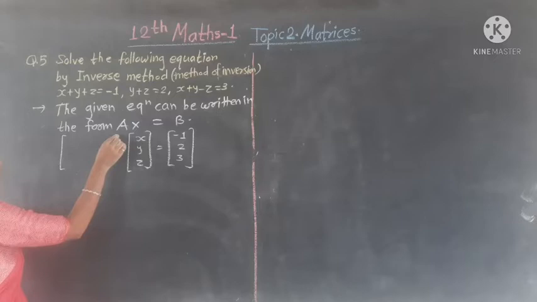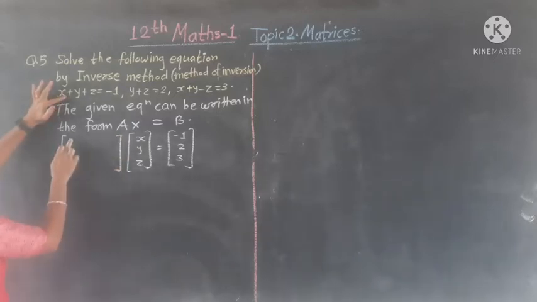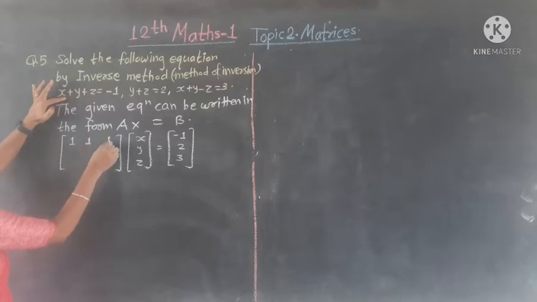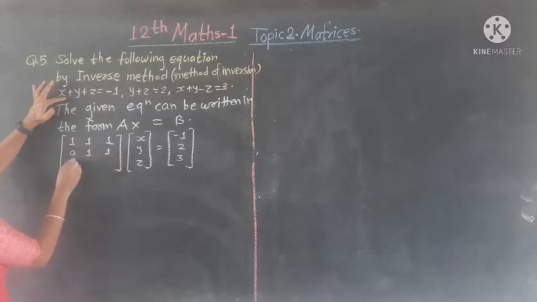And what is A? A means the coefficients. First column is of X, Y and Z. Here X is absent, so you write 0, 1, 1 and lastly 1, 1, -1.